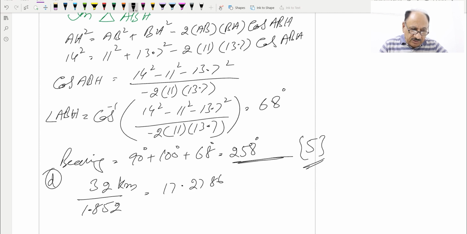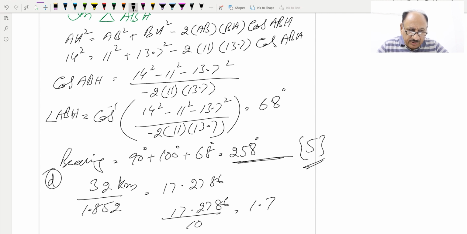I have taken 4 digits. Now the speed is 10 knots, which is 10 nautical miles per hour. So 17.2786 divided by 10 will be equal to 1.72.